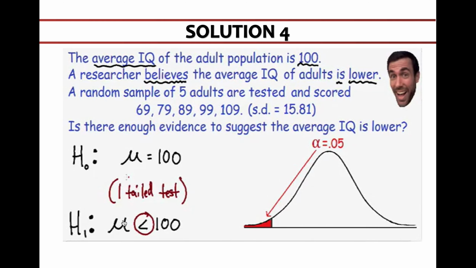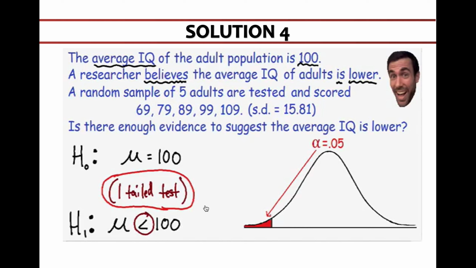This is because we're performing a one-tailed test, and the reason why I chose to use the bottom tail instead of the upper tail was because the researcher is claiming that the average IQ is lower. He's claiming that it's lower, so the only area of interest is below the average.